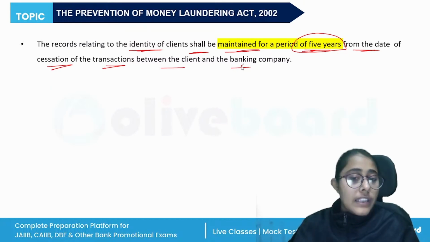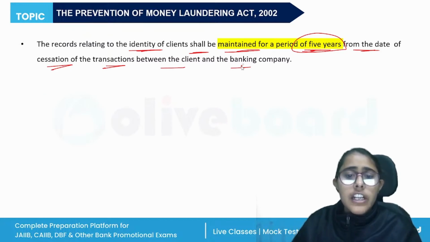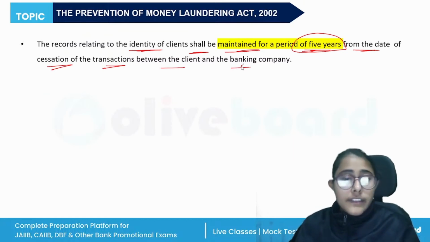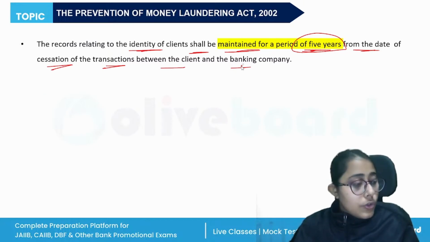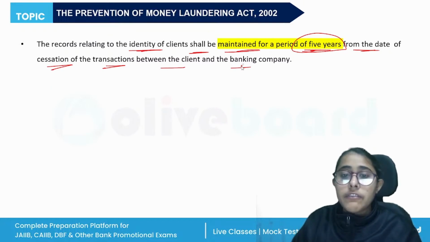A partnership firm will require the registration certificate, partnership deed, and OVD again of the person who is acting in the transaction. Similarly, a trust will require the registration certificate, trust deed, and OVD, and an unincorporated association will require the resolution, the power of attorney granted to the person, and the information that the bank may require. So, to conduct due diligence, the identity of the client will be checked before the transactions.